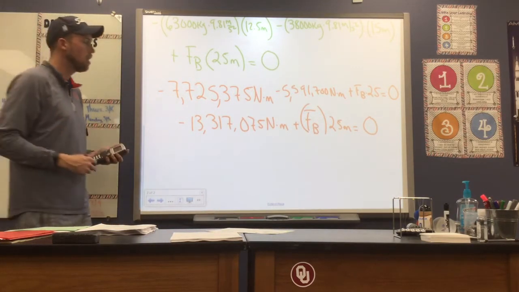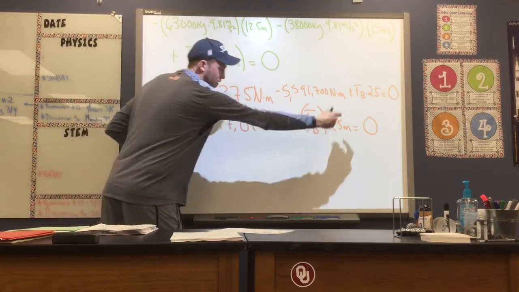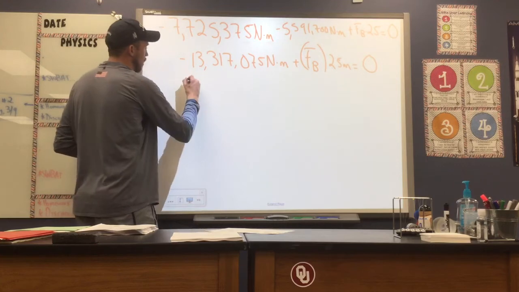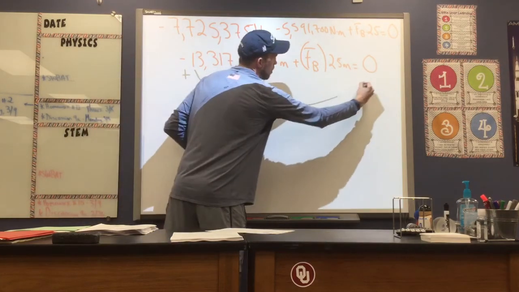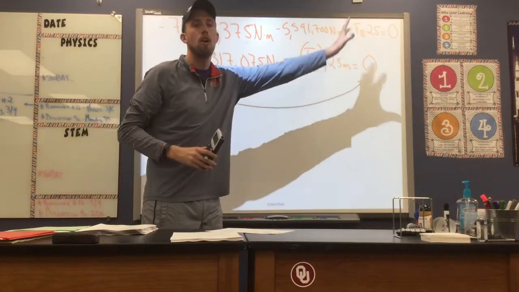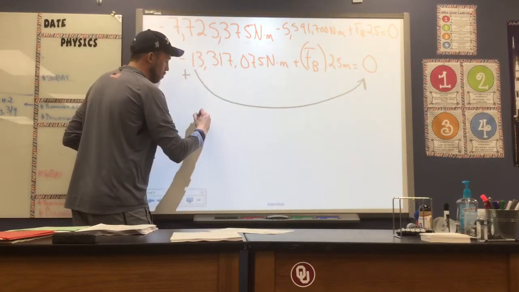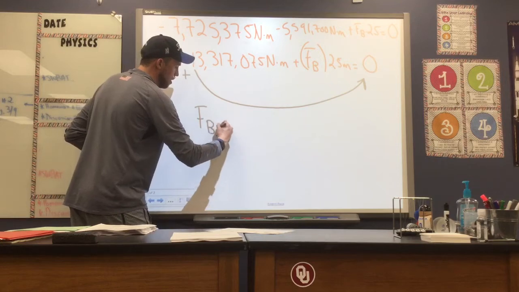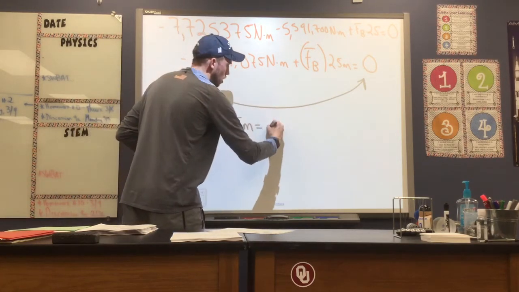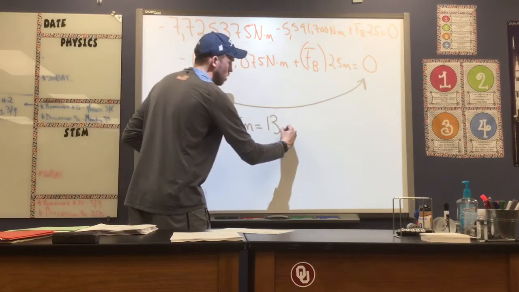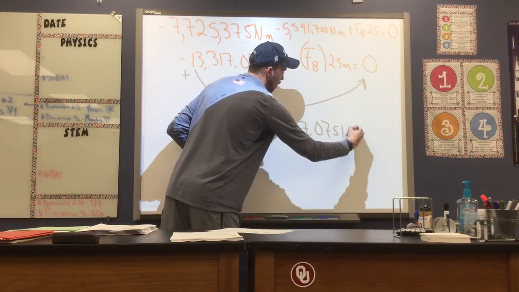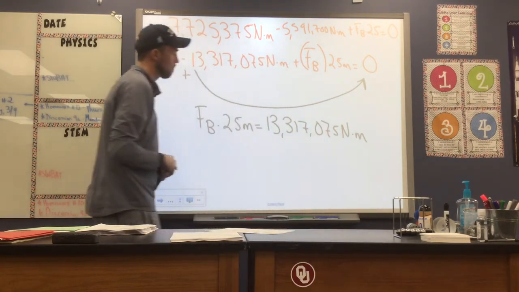So we're almost through. Now all we need to do is move this negative value over to the opposite side of our equation. So I'm just going to add this value to both sides of our equation. Then it will cancel out on the left-hand side. We're just going to move it over. So that will leave us with something that looks like this. FB times 25 meters is equal to 13,317,075 Newton meters.